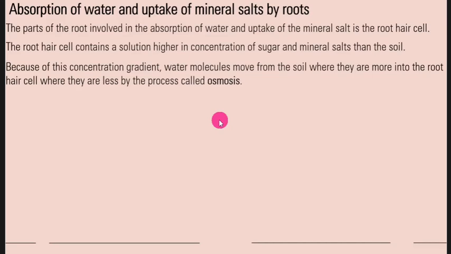Now, the fact that there is a difference in concentration of sugars and mineral salts between the cells of the root and the soil, then there exists what we call concentration gradient. What is a gradient? A gradient is a slope, a downward path.